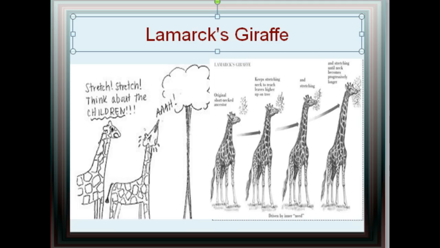Because of this environmental change, Lamarck believed that each giraffe stretched and stretched, making his or her neck longer in order to reach the higher food source. Lamarck also believed that somehow this trait could be passed on to their offspring so that eventually all giraffes had long necks like they do today.